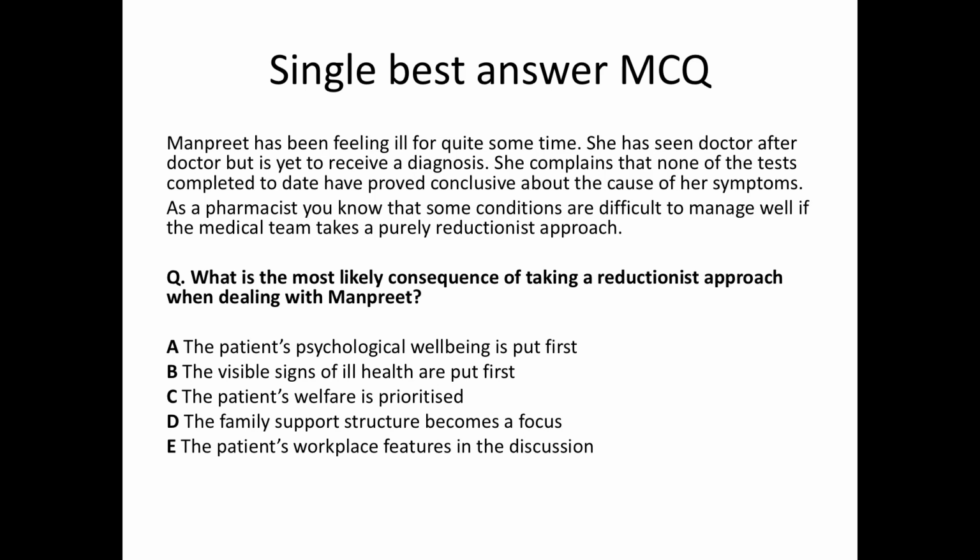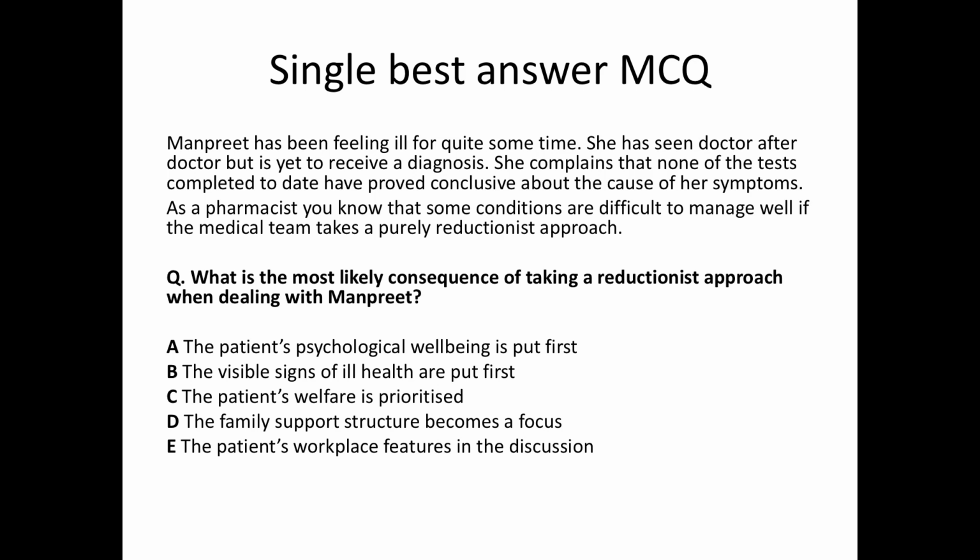Okay, so the consequence of taking a reductionist approach is reducing things down to their individual components. This person has gone from doctor to doctor to doctor, but no one's really been able to give her a diagnosis to actually help her, and that's because with the reductionist approach, it's the visible signs of ill health that have been prioritized.